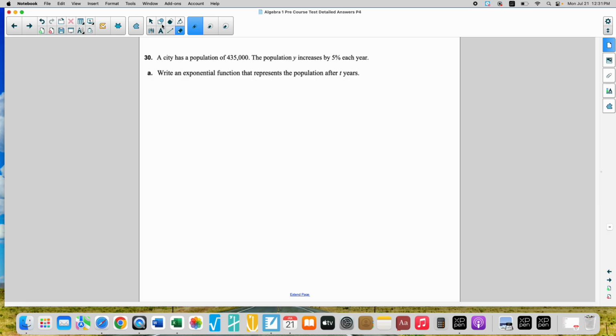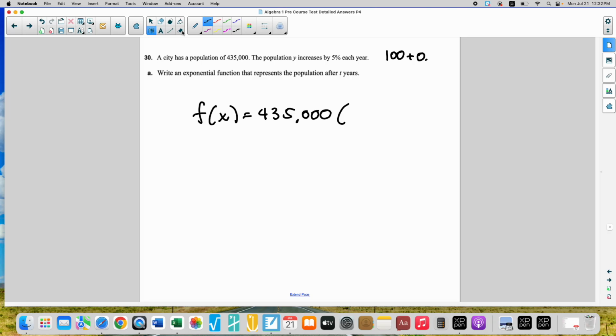So let's do f of x. f of x equals, and what you do is you take the original population, 435,000, and you multiply it by 100% plus the 5%, or 105%. It's the original population plus the increase each year.